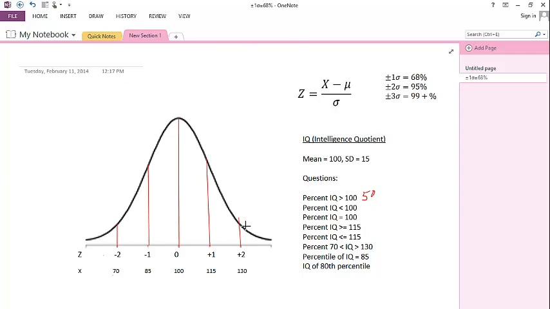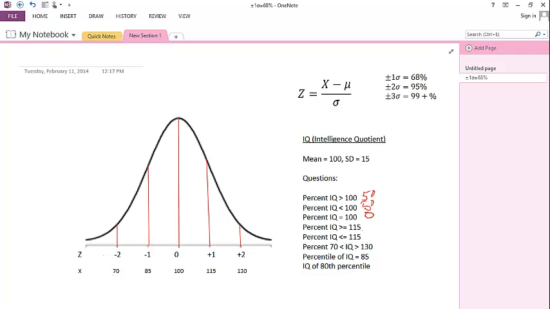Well, less than 100 is going to be 50% also. What's the percent that's equal to 100? And this is an important point. The percentage of the population where a measurement of IQ is equal to 100 is 0. That's because of what we talked about in class, where no measurement can be exact. That's one reason. The second reason is you're looking at the area of a line, and the area of a line is 0.